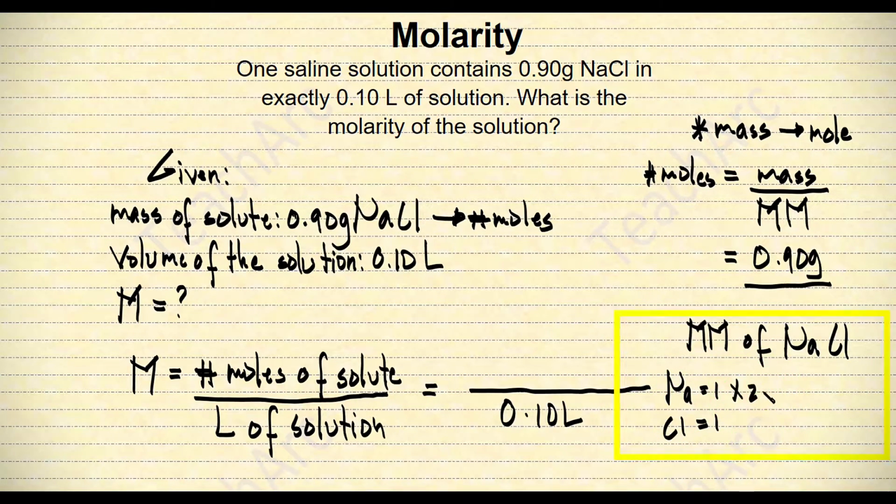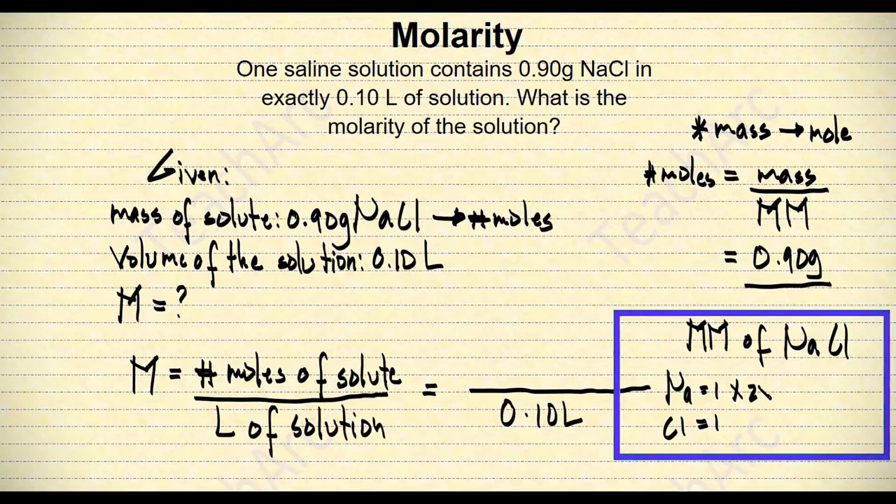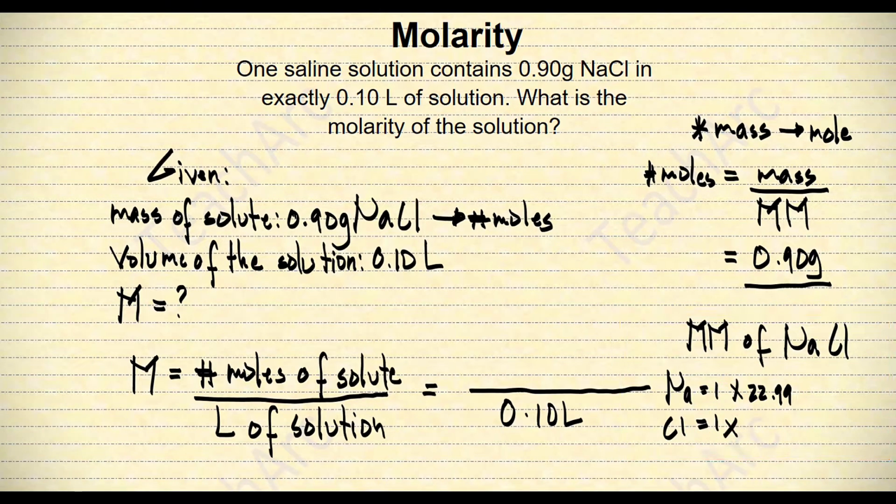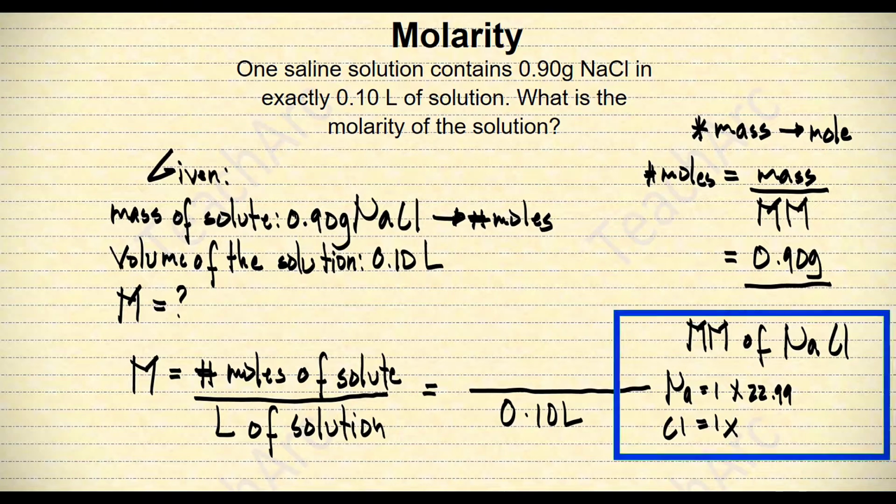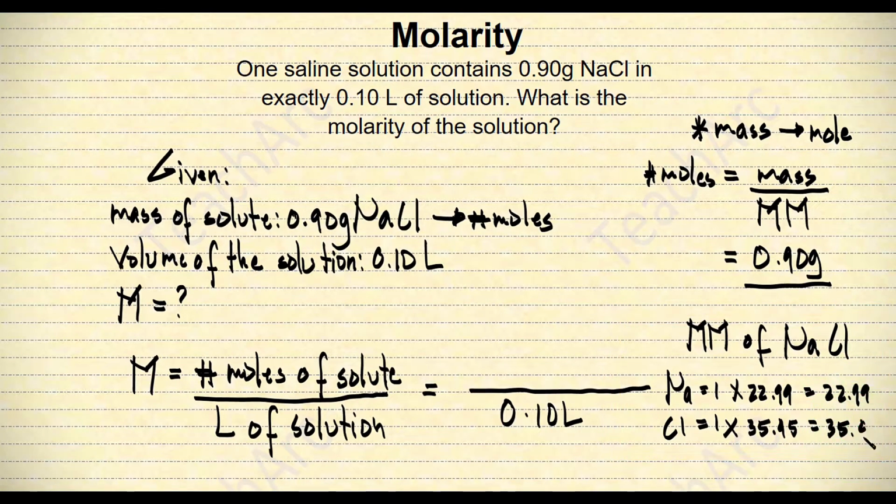We multiply those numbers of atoms by their atomic mass. For Na, that would be 22.99 grams per mole. And for chlorine, that's 35.45 grams per mole according to the periodic table of elements. After which, we will just combine the result, giving us 58.44 grams per mole as the molar mass of NaCl.